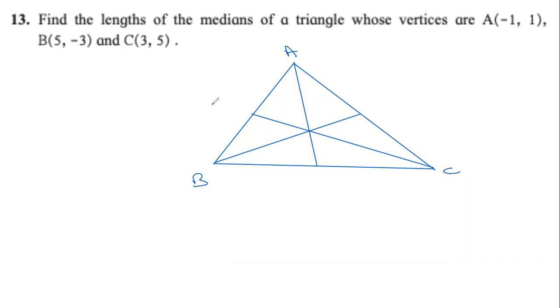So if we call them P, Q, R, the point of concurrence of the medians will be the centroid. We don't need it, but if we are showing it, we should show it with G. We don't need it now. So we have to find the distances AP, BQ, and CR. What we know are the coordinates of A, that are -1, 1.